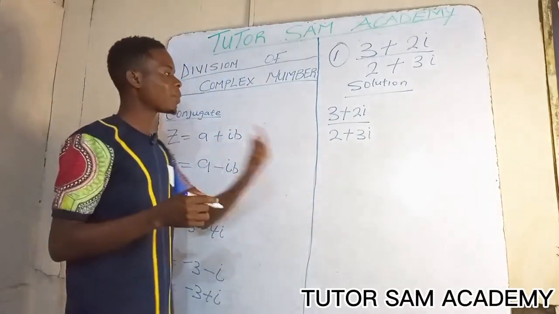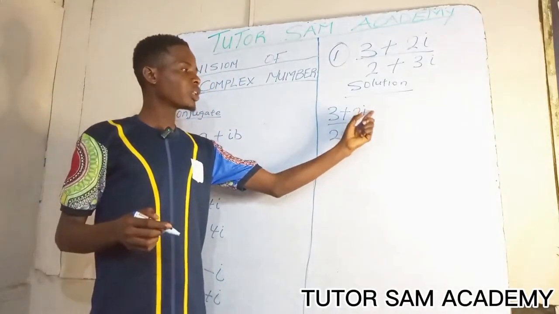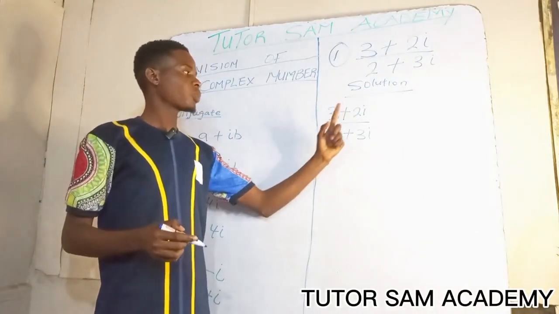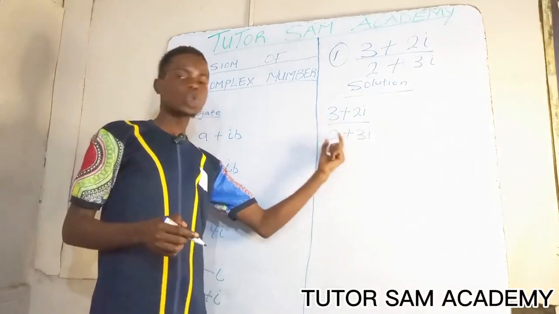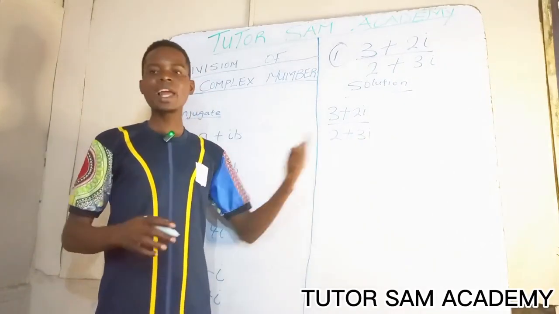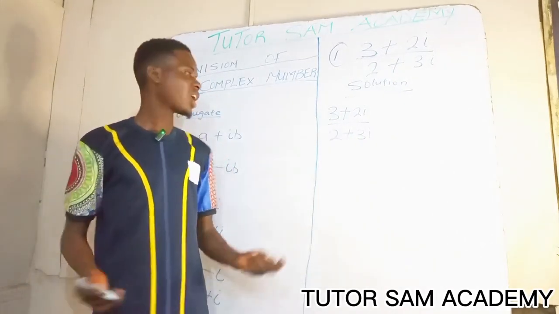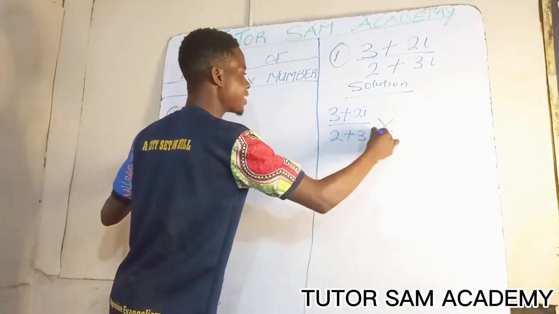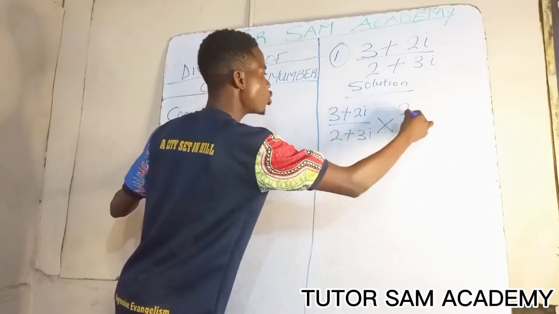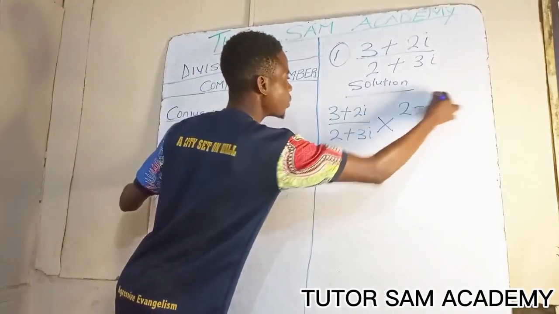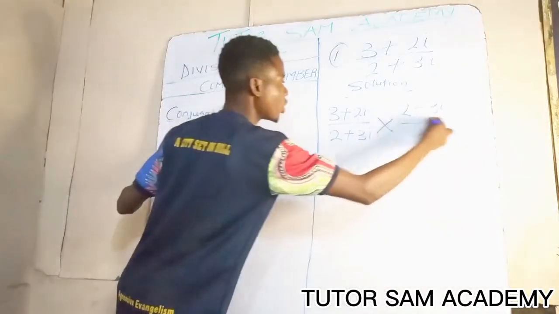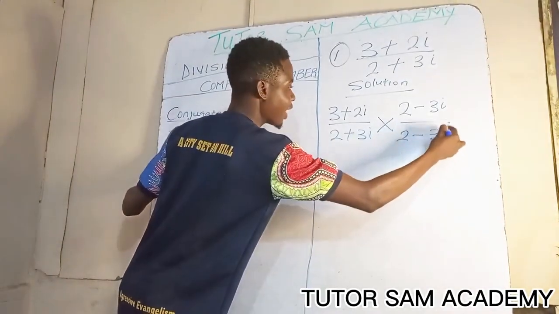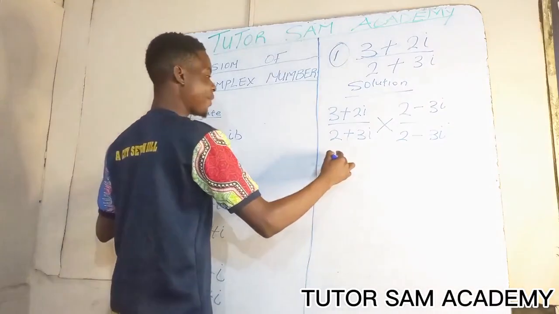You have to multiply both the numerator and the denominator by the conjugate of the denominator, just like how we rationalize in surds. That is how we do division of complex numbers. So you multiply by 2 minus 3i, which is the conjugate of the denominator, in both the numerator and the denominator.